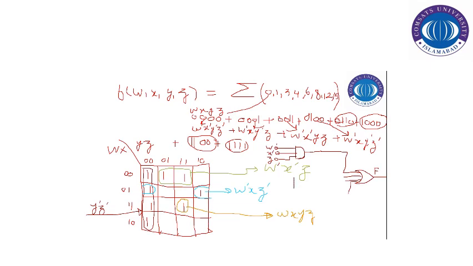The next AND gate will be W prime, X, and Z prime.